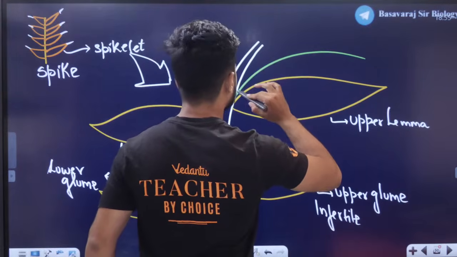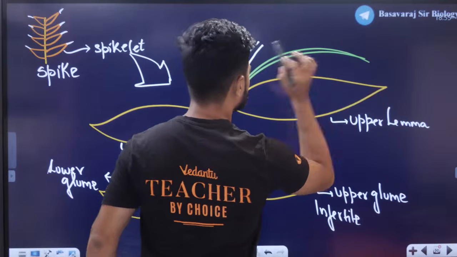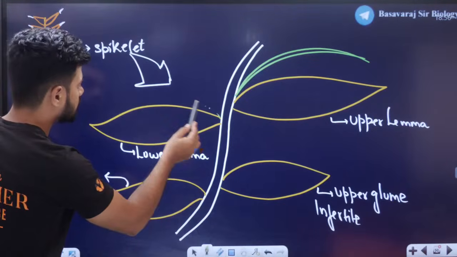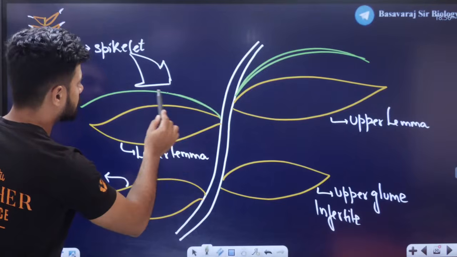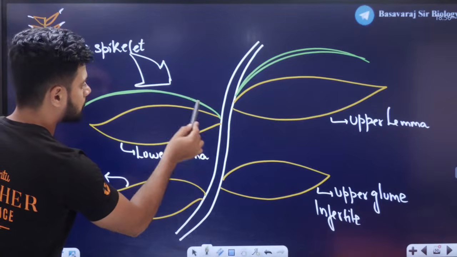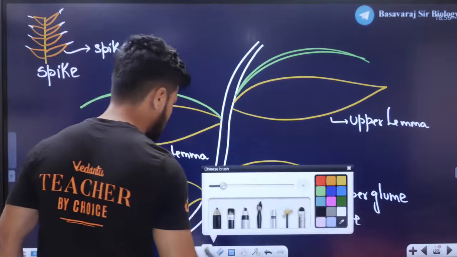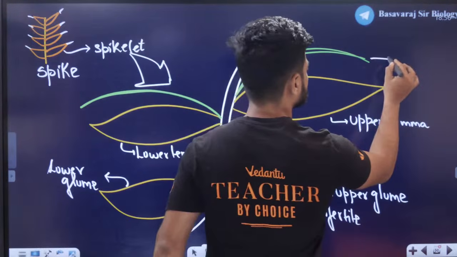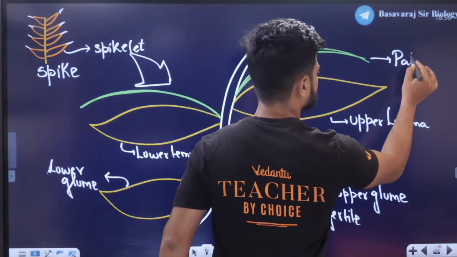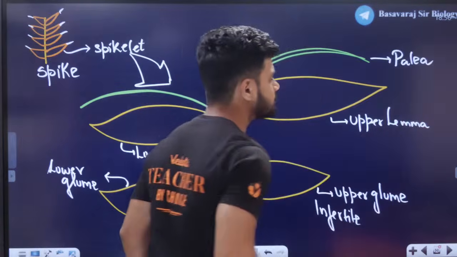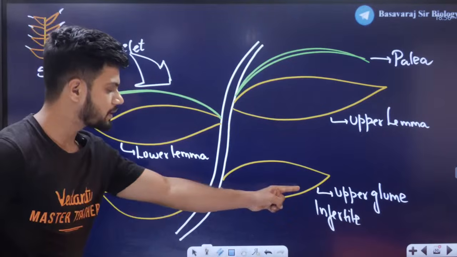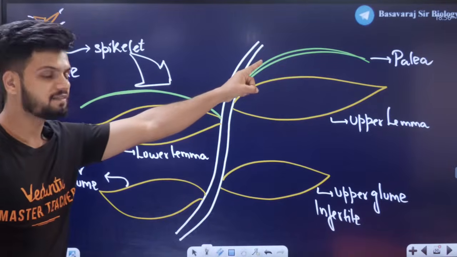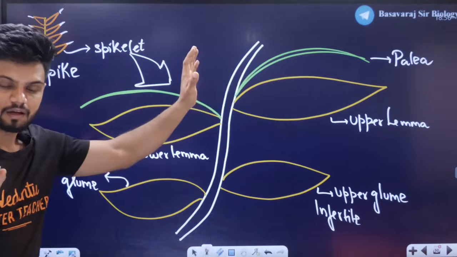On the top it has a structure called the palea. So we have upper glume, lower glume, upper lemma, lower lemma, and we have the palea right here.